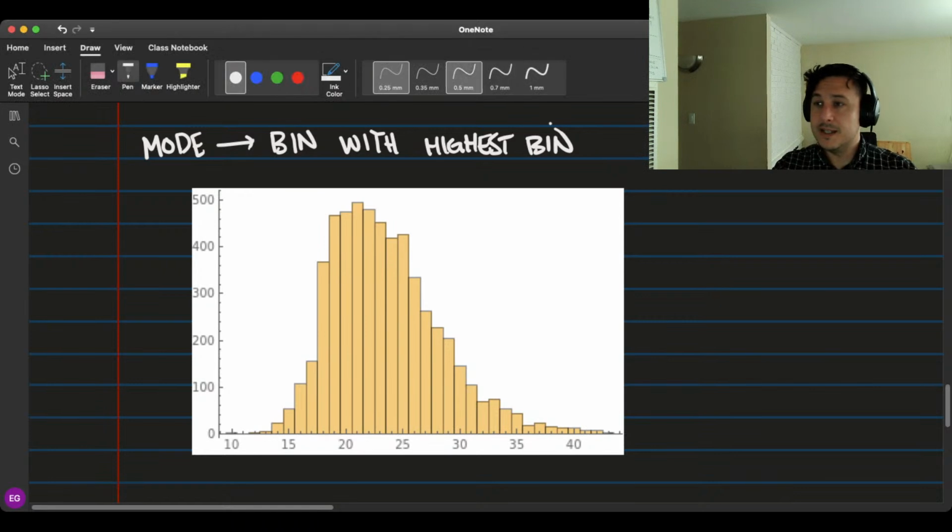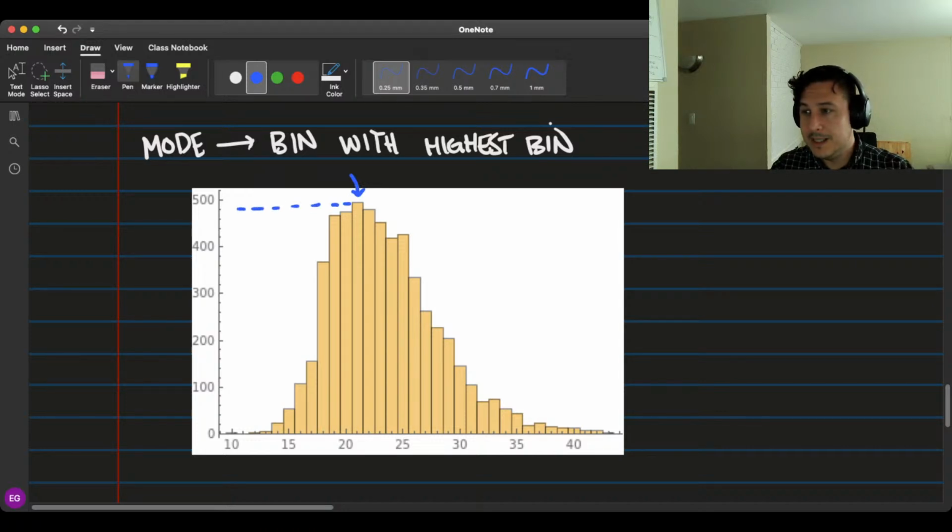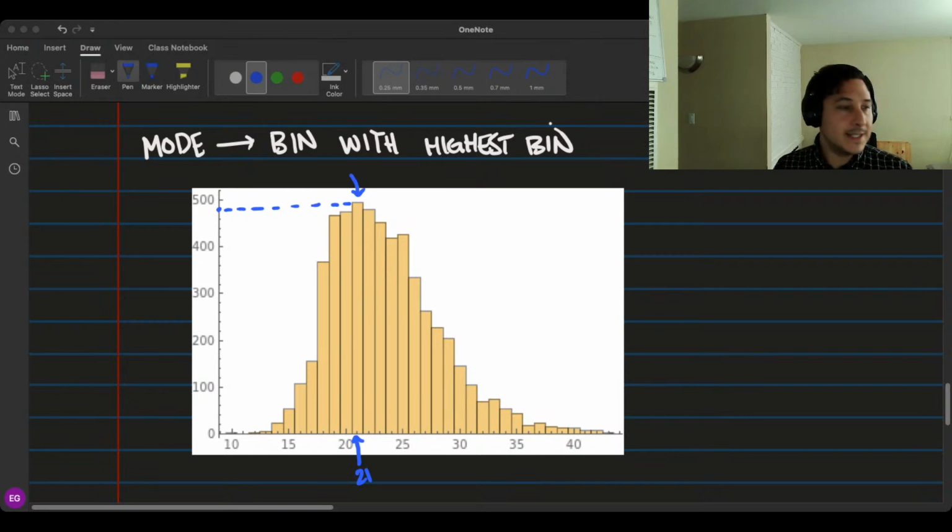So the tallest bin is this one right here, and it is a little less than 500 tall. That means there are almost 500 women who first got married at this bin, which looks like about 21. So in our data set, the most commonly occurring value was 21.